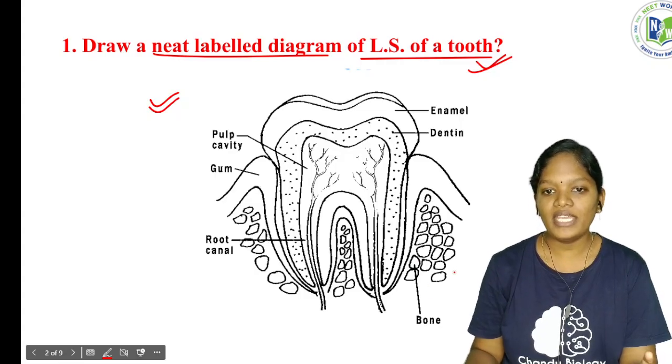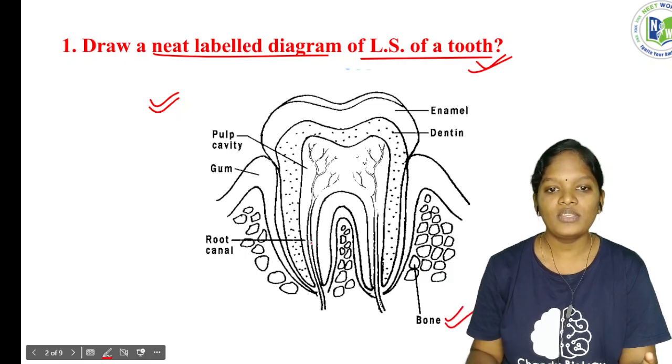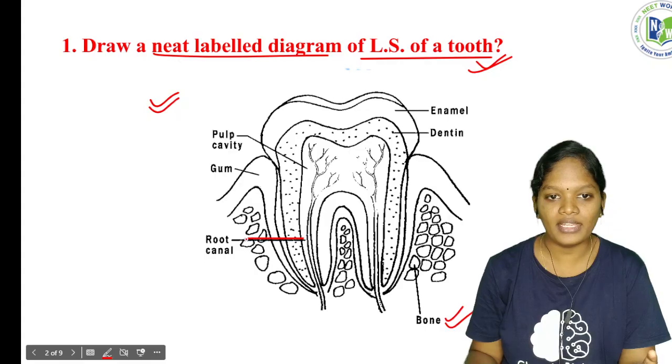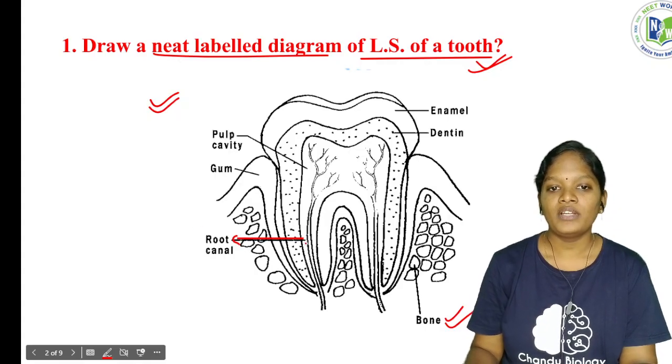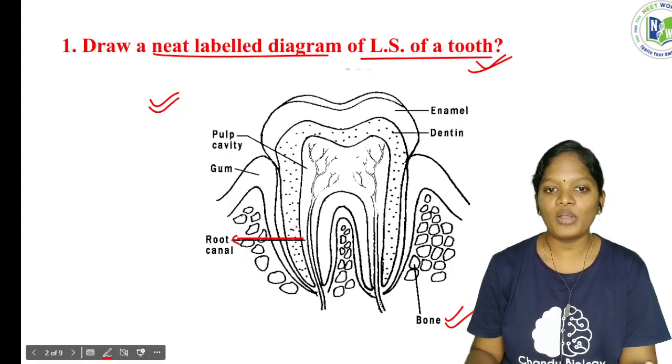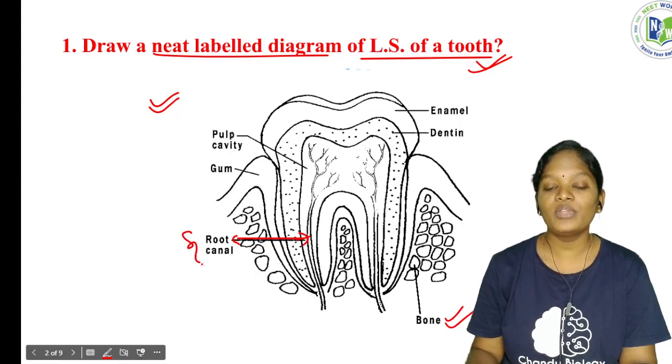In the tooth there is a short, round structure which is considered a bone. This is the root canal. If the tooth is not functioning properly and the enamel is completely eroded, there comes the root canal treatment.